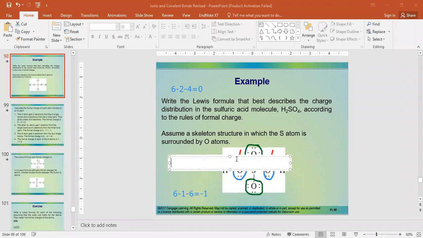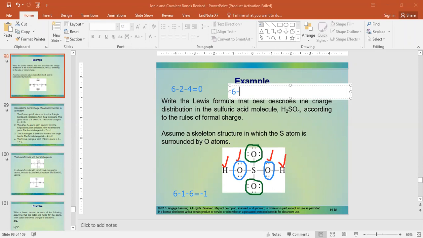It has 6. We subtract. How many bonds does it have? 4. Does it have any lone electrons? No. 0. So what is the answer? Plus 2.